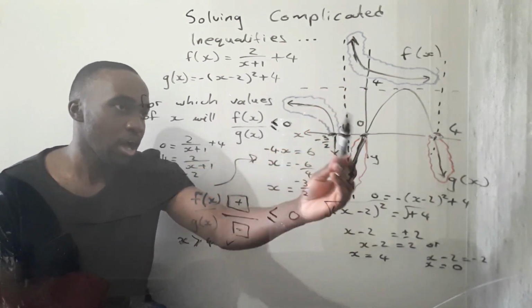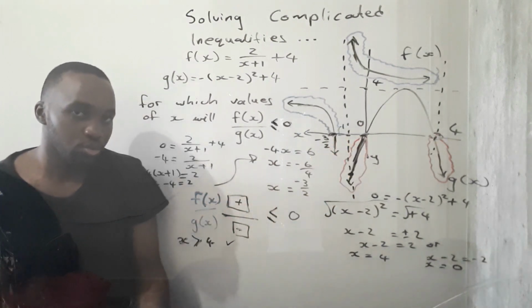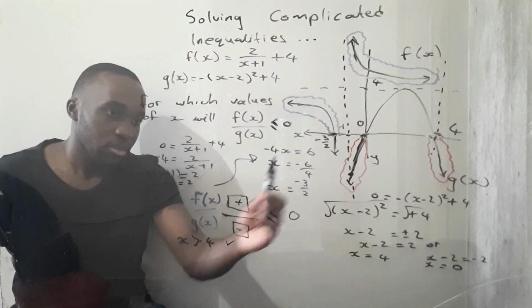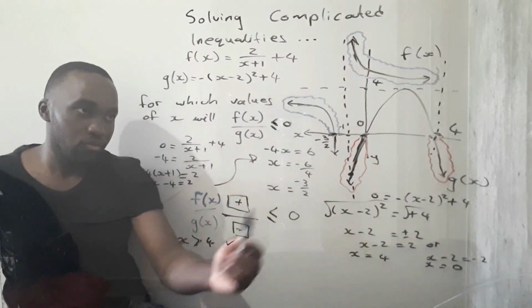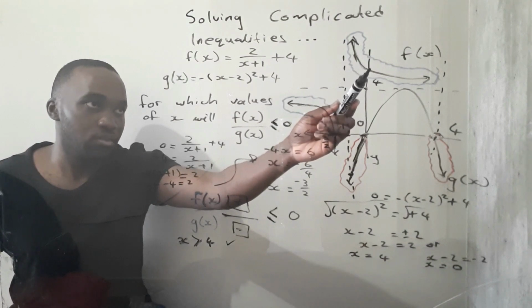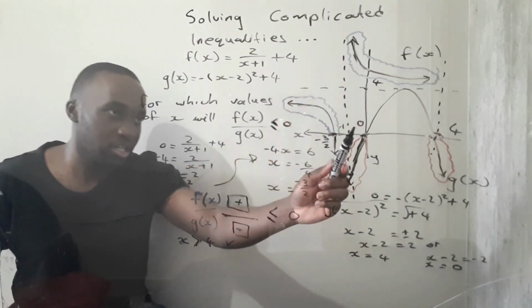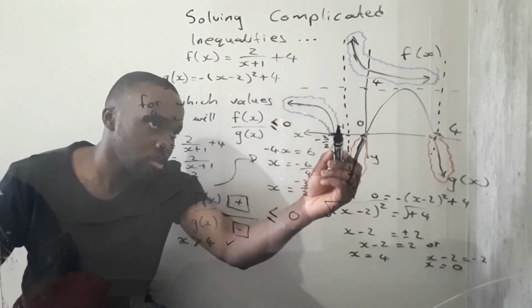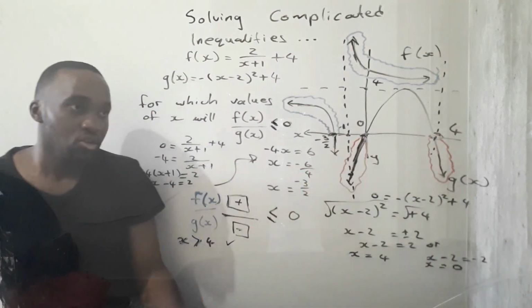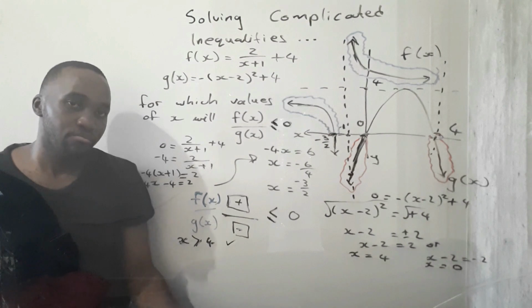So this is another portion that has to be noted in our answer. Your graph of G has negative y values there, while this has positive y values there. That's the interval from 0 until negative 1, because this value is negative 1, this value is 0. So we have to give answers for that portion as well.